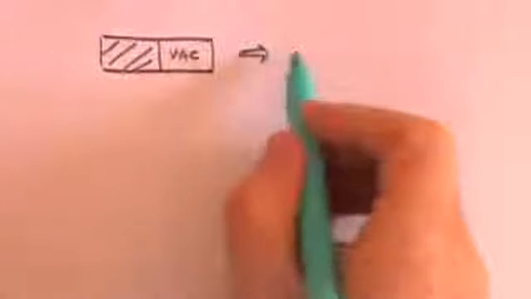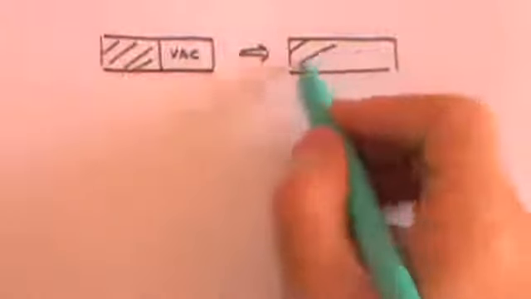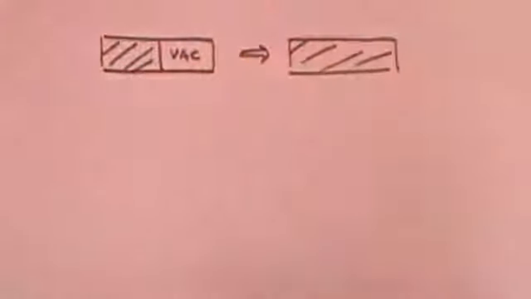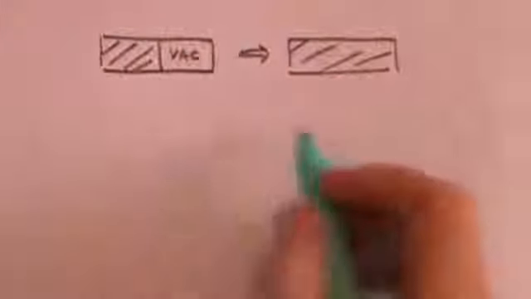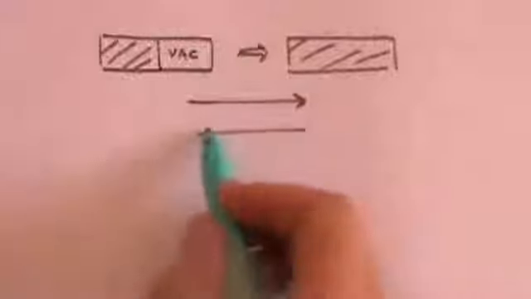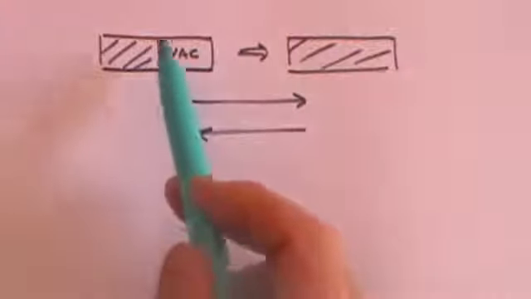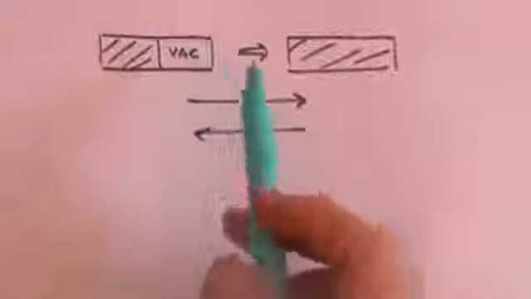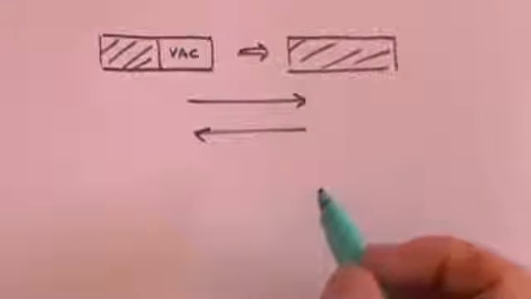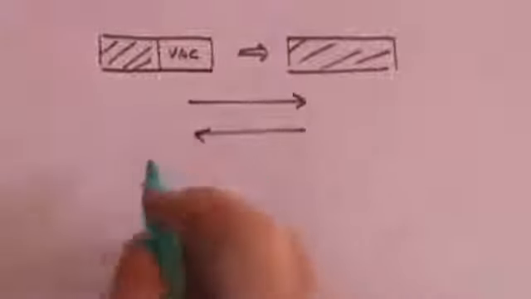If you take the partition away, what will happen is the gas will simply expand to fill the whole of the container. It worked that way round, but it never works that way round. You never get a gas-filled container that suddenly has all the gas on the left-hand side and a vacuum on the right-hand side. Why not? Well, we're now in a position to answer.